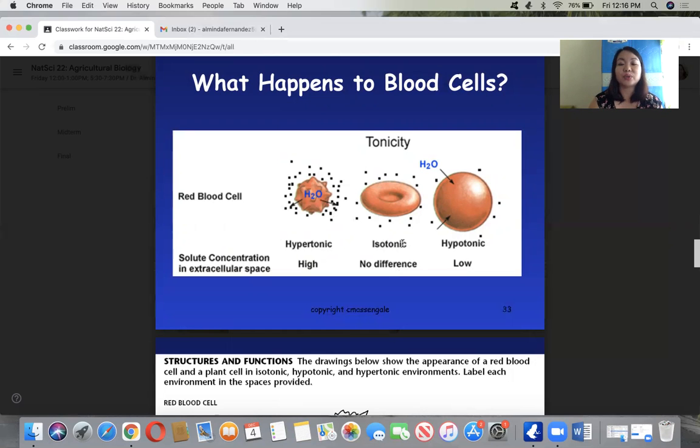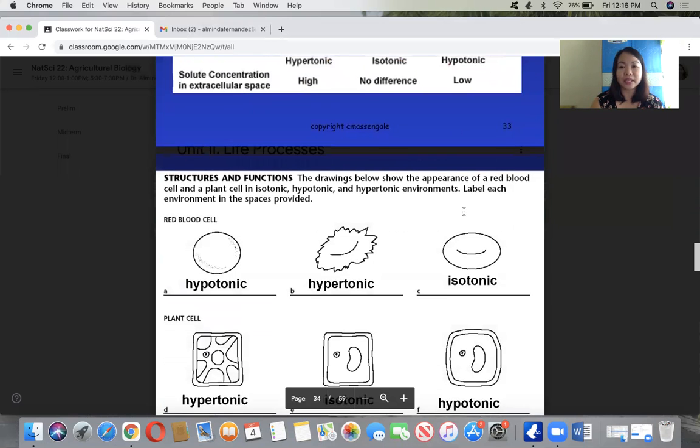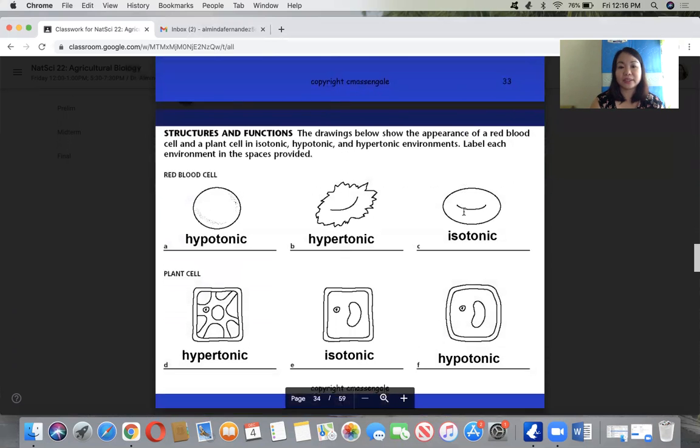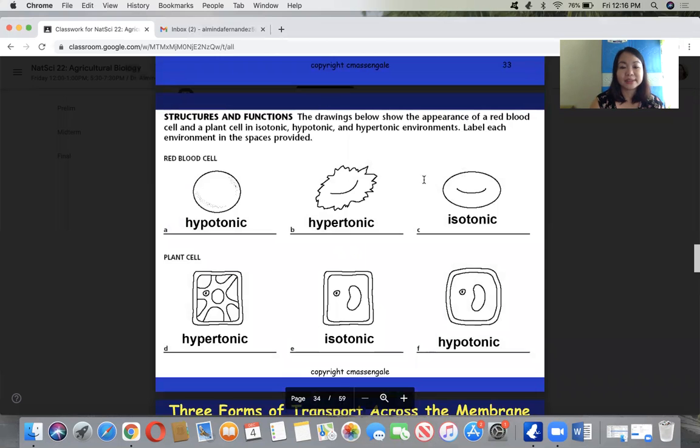While in the isotonic, no difference, and in the hypotonic, all the water surrounding the cell moves inside the cell, resulting in bursting. So this is again the red blood cell, with hypotonic, hypertonic, and isotonic.